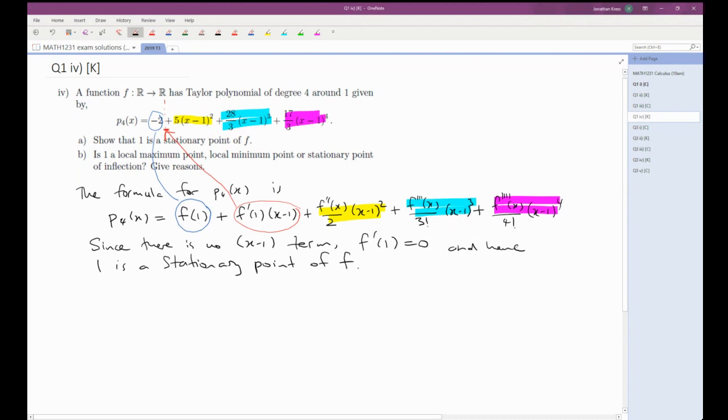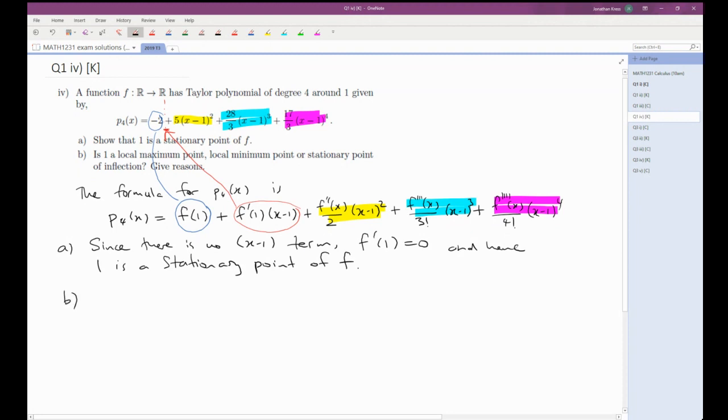Of course it's also a stationary point of P4, but it's a stationary point of f is what we wanted. The first bit you wouldn't need to write down in the exam, but just to understand it, I've written it down.